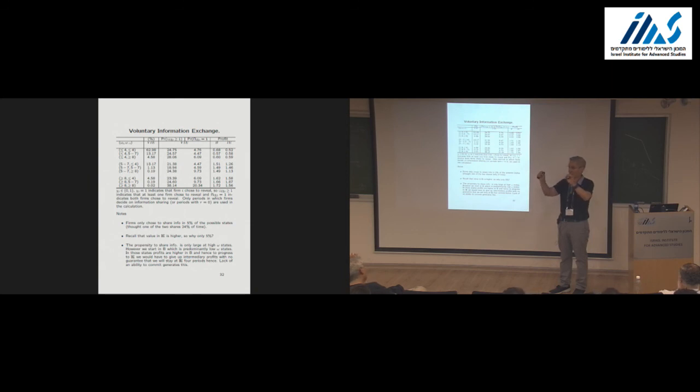Especially in the low states, where you always land when you're starting from no information. Okay, so they're low states, and if you stayed with no information, then in the next few states, which are also likely to be low, you'd also get less profits. Is that clear? Until you came to the new state. If you started with information exchange, you'd get lower profits now.